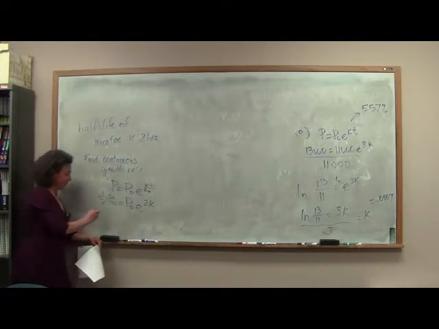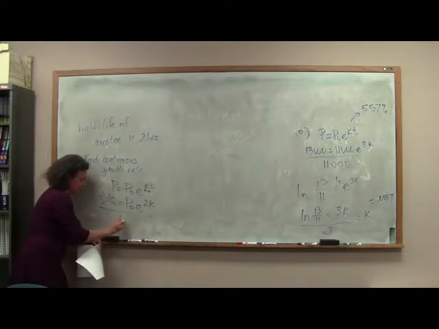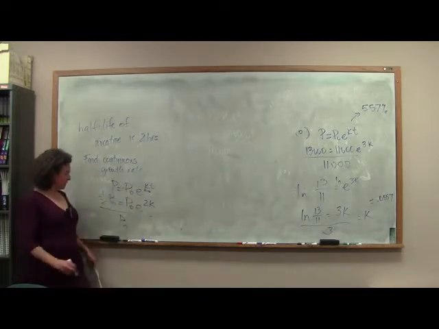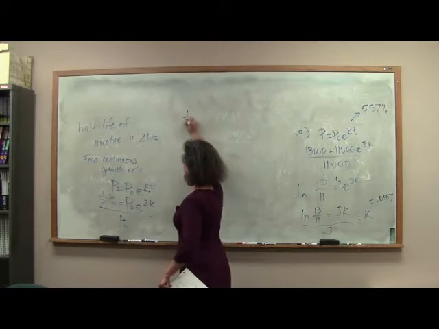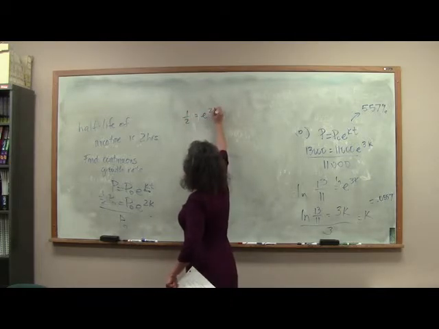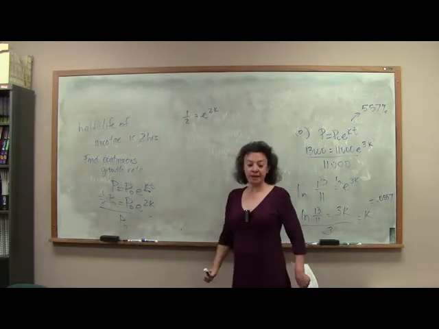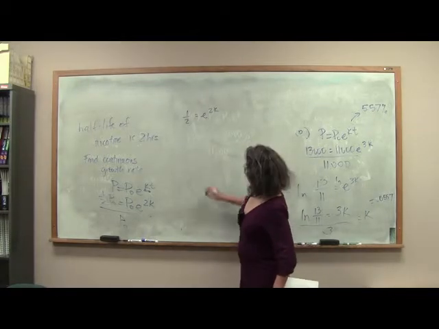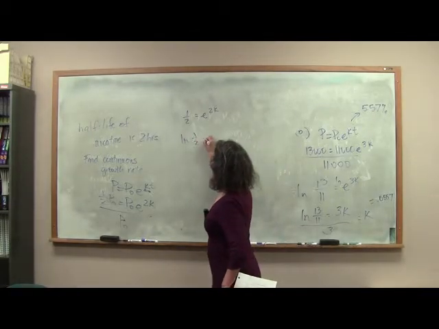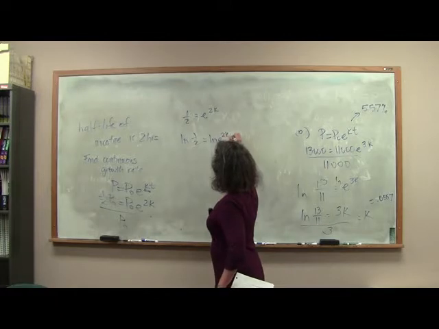Pretty slick, huh? Well, to solve for k, which is what we're wanting, divide both sides by P sub 0. And we're going to get 1/2 is e to the 2k. Take the natural log of both sides. You're left with 2k.